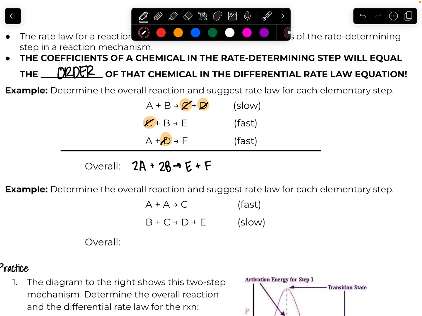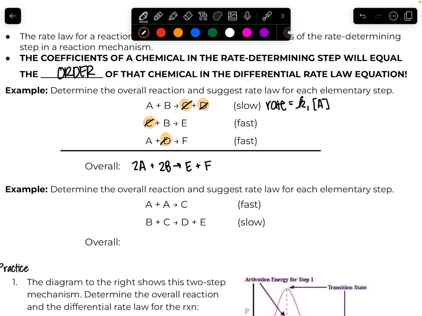So suggesting a rate law for each of our little reaction mechanisms, our slow step rate would be equal to K, our rate constant. I'm going to call it K1 because this is step 1, so it's just going to help with bookkeeping later.